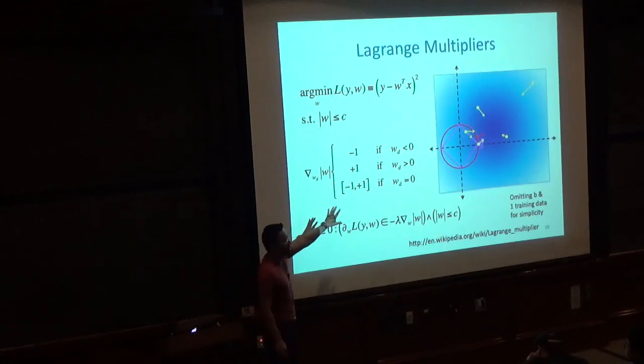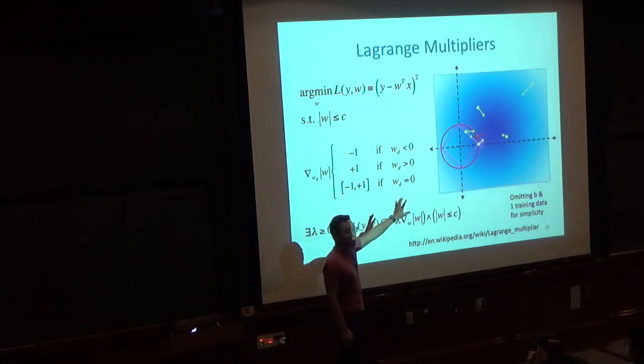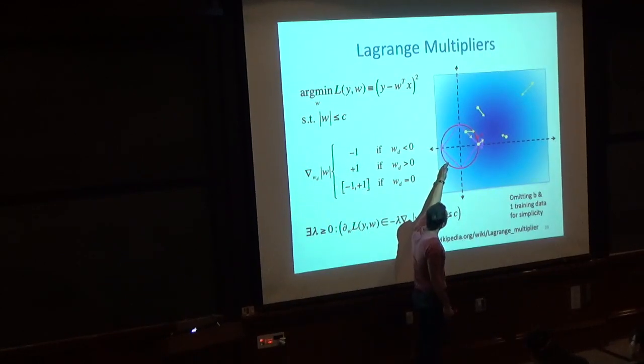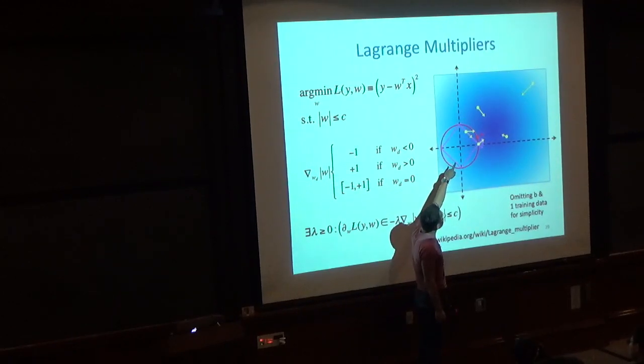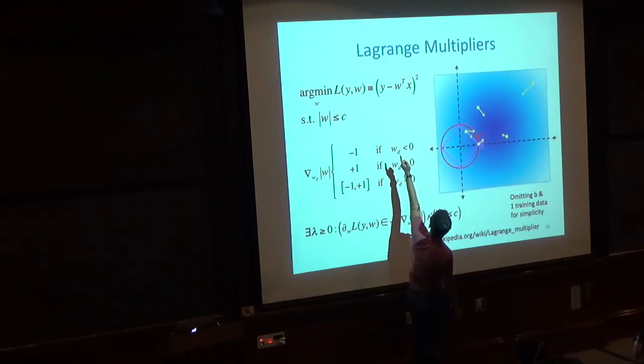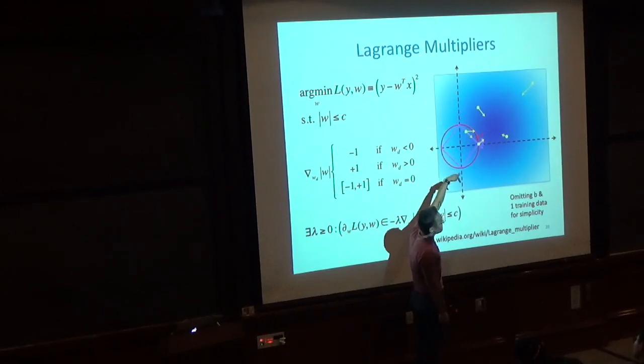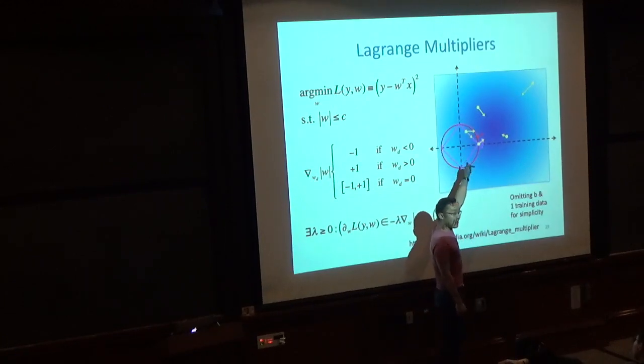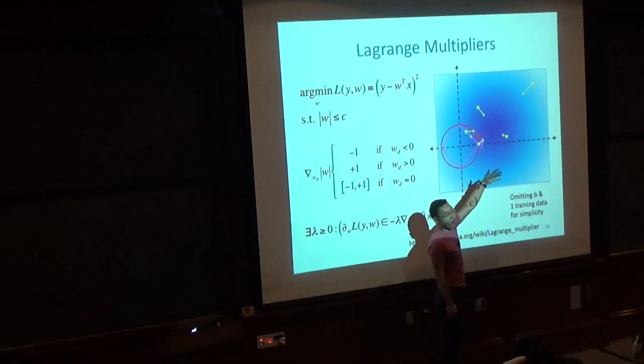Then here's the intuition about why the L1 penalty induces sparsity. The reason is that you're going to find a solution that tends to be at corners, because you'll hit the boundary of the function class, and then you'll do a gradient update with respect to the loss function, and then you project back onto the boundary, and because it's a linear boundary, you're going to end up at a corner often.